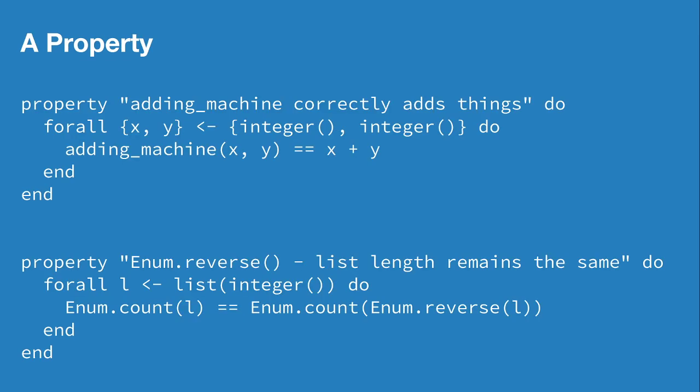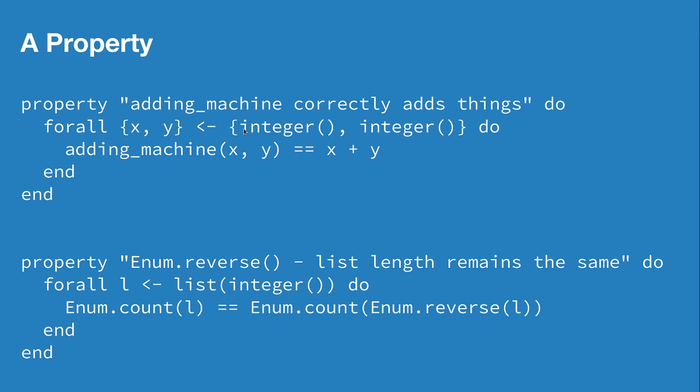So a potential property could look like this. On the first line, we've got a property that is essentially checking if the adding machine correctly adds things. And yes, we've pretty much just re-implemented the adding machine here, but we'll talk more about that in a moment. If you read the top line, you've got just defining the property. And then after that, you've got this for all statement. The idea here is you feed it a couple of generators.